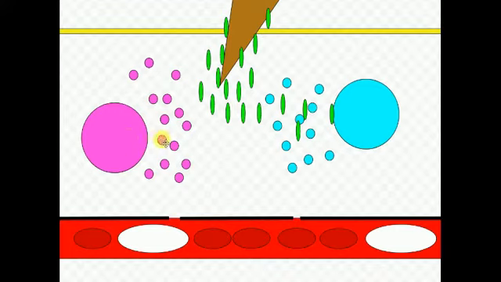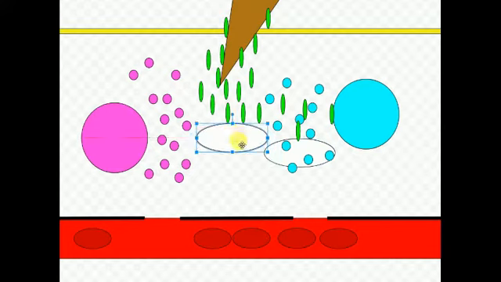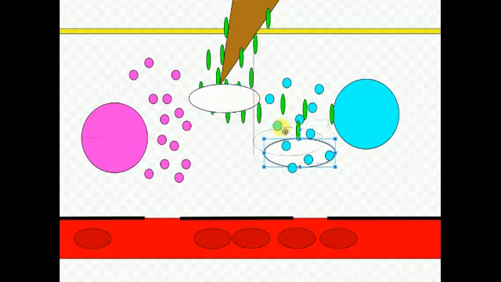This histamine causes blood vessels to become more permeable, which allows fluid and neutrophils to exit the blood vessel and move towards the cytokines, which also moves them towards the pathogen. Then they digest the pathogen, and eventually the injury heals.